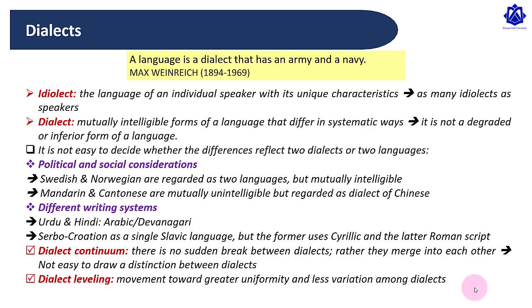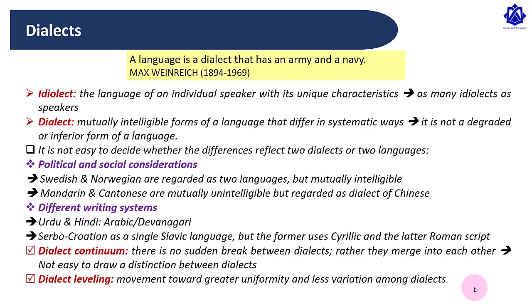And we will start from any individual speaker. Every one of us speaks in our own unique ways, with our own unique characteristics. Like the kind of words that we choose would be different, or the syntactic structures that we choose would be different.